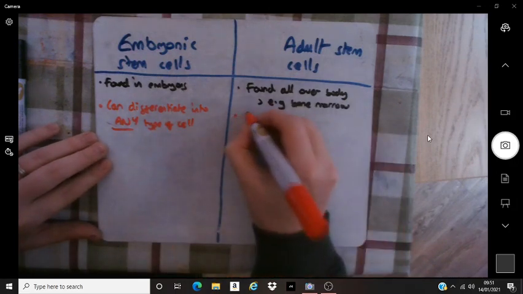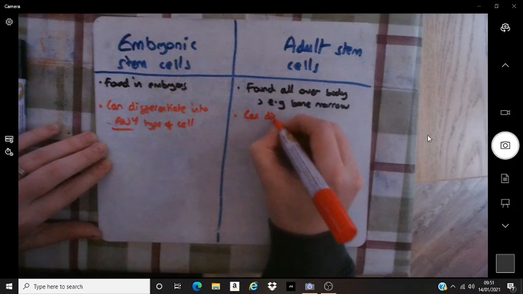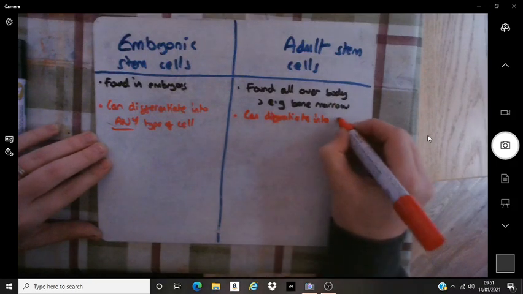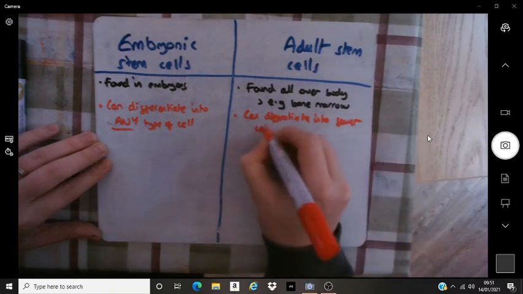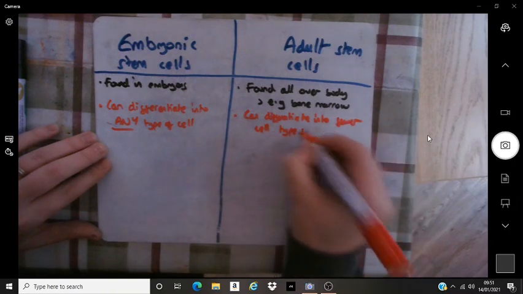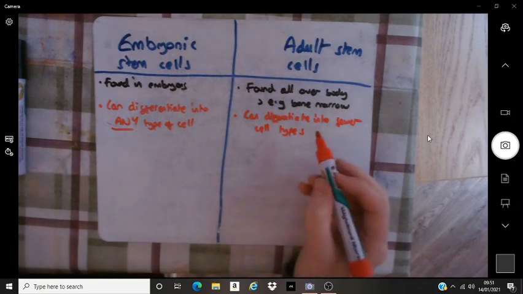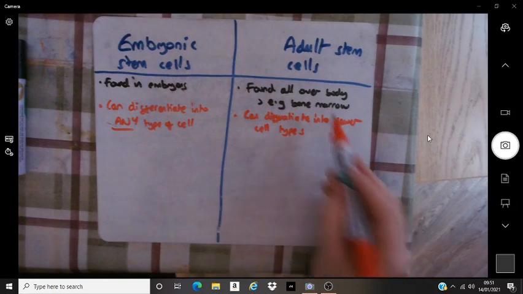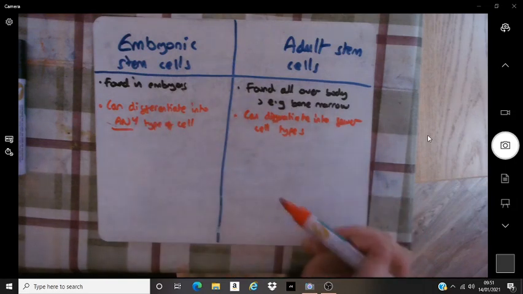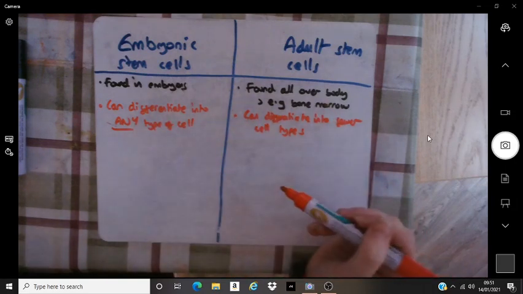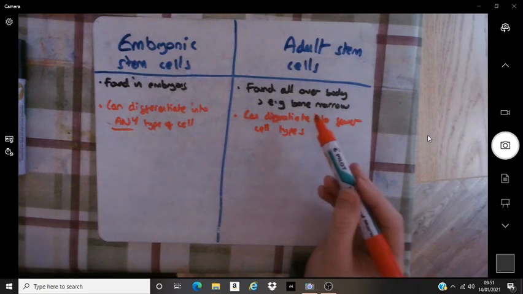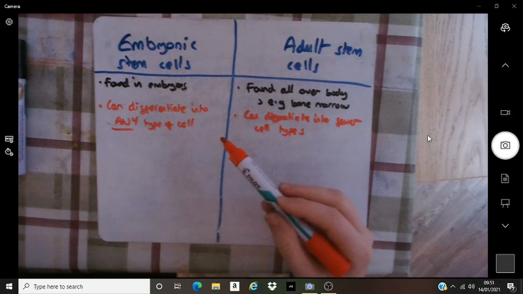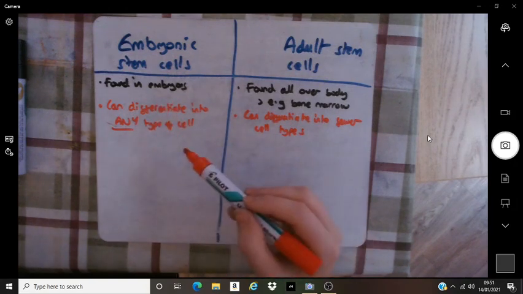Whereas adult stem cells, they can differentiate into fewer cell types. So they're still good, but cells in my bone marrow can become like 3 or 4 different specialised cells, but they can't become everything. They can't become new nerve cells. They can't become new blood cells. Yes, they can. That's the bone marrow. They can't become new muscle tissue, for example. But the ones in the embryos can do.